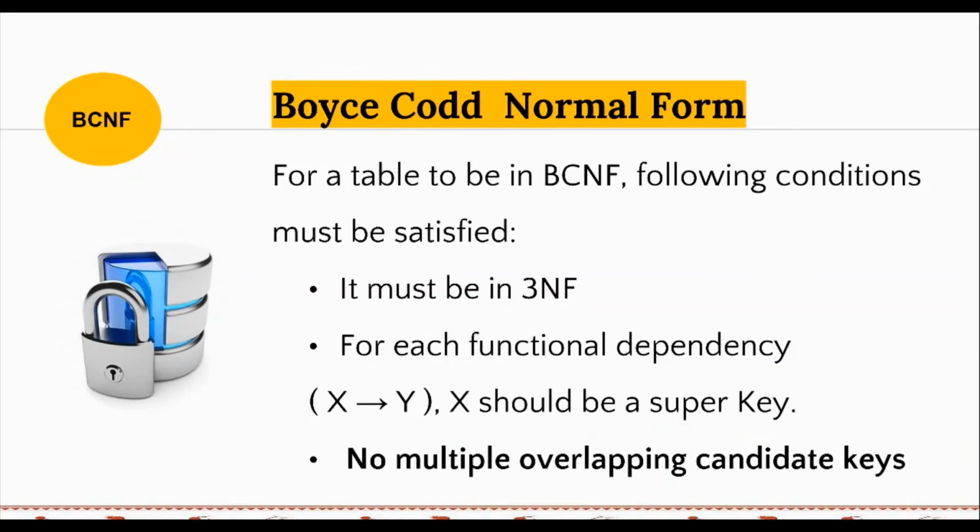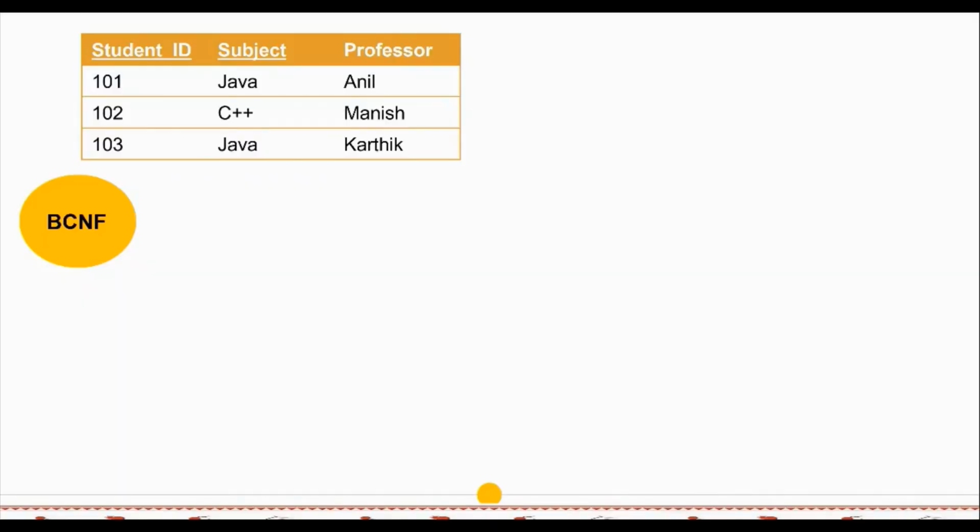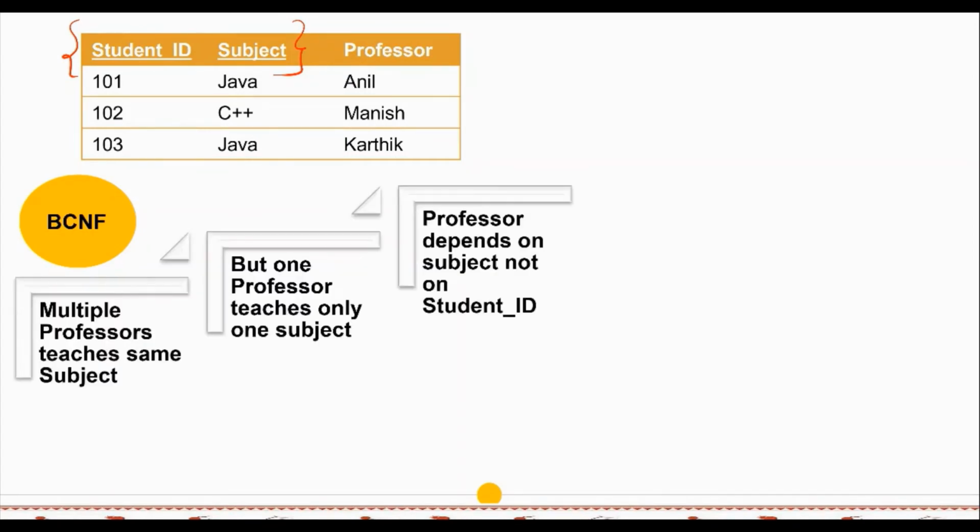Let us see what it is. Consider this particular example. We have a set of attributes. Student ID comma subject is a primary key. And here multiple professors teach the same subject, like Anil and Karthik teach Java, but you can also note that only one professor teaches one subject, and professor depends upon the subject, not on the student ID.